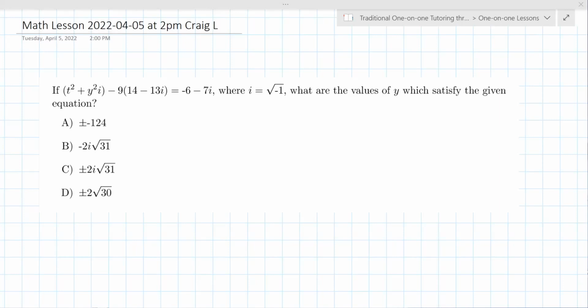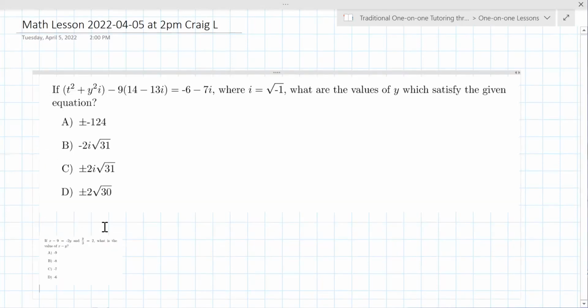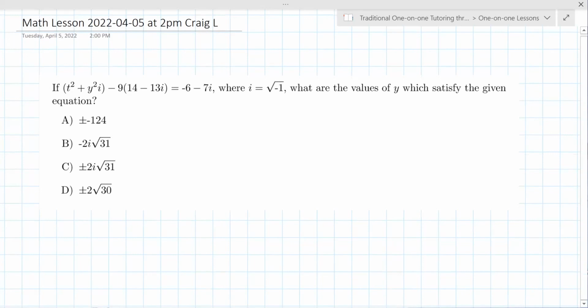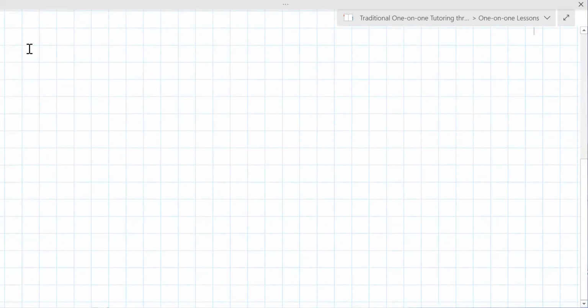But I have a question I posted last week that is probably a good starter question. So let me snip this in, and we'll take a look at this here. We can always do some angle stuff, but let me just get this going.